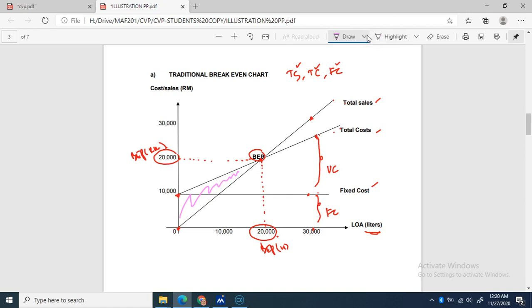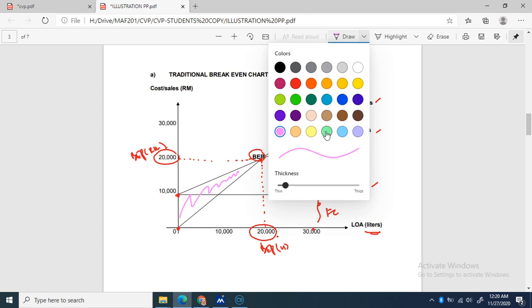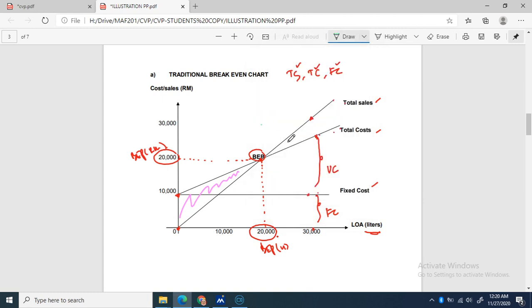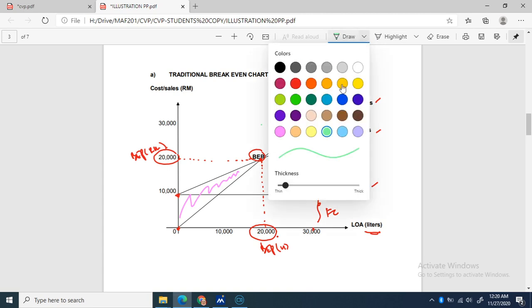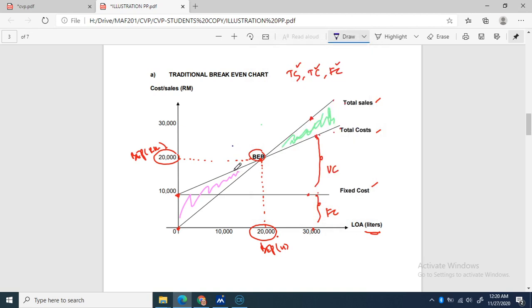Another area is here, in between total sales and total cost. If you refer here, total cost is higher than total sales.